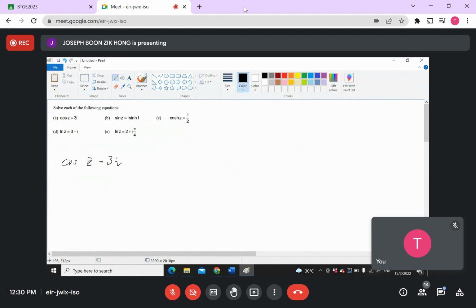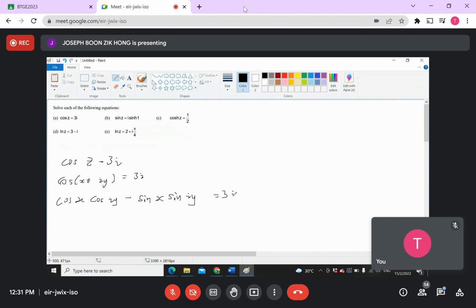So again, we assume z is x plus iy. If you expand, you will have cos a cos b minus sin a sin b.